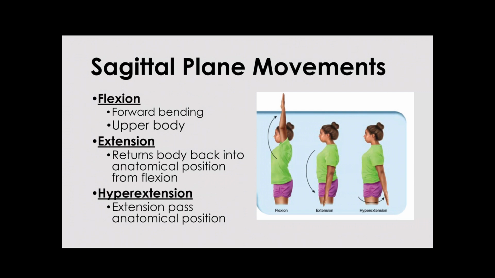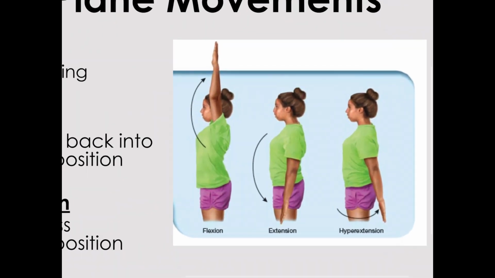And you can see in the diagram that an example they use is your upper arm moving up away from your body. So then when you move back towards your body into the anatomical position, returning back to a normal position, you are showing extension. When you have hyperextension, this is when you are kind of going past your anatomical position.